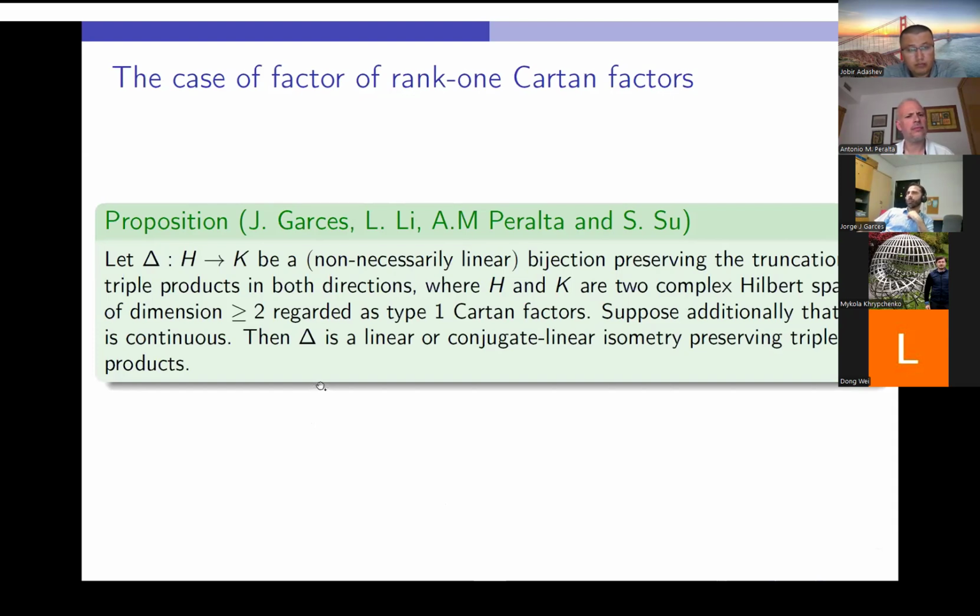But in this case, we have to assume continuity. Okay. So for rank 2 or higher Cartan factors, we don't need continuity. For rank 1 Cartan factors, we do need continuity. And finally, we gather all this together, right?